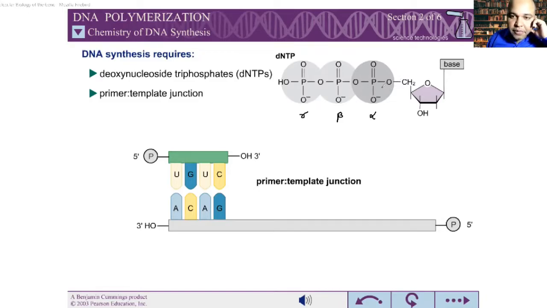And here you find the nitrogenous base attached to the C1 prime carbon atom of the sugar molecule.